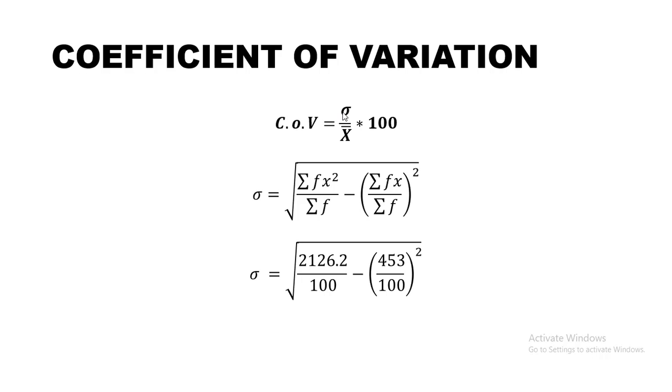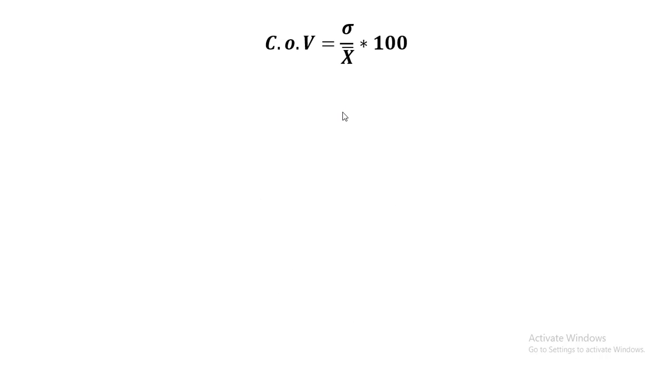Okay, so I have done a few calculations here. As I repeat, you can verify it yourself by following each and every step, and after solving all the values you will find these were the final answers, and sigma is equal to 0.86. So coefficient of variation is equal to sigma upon mean multiplied by 100.